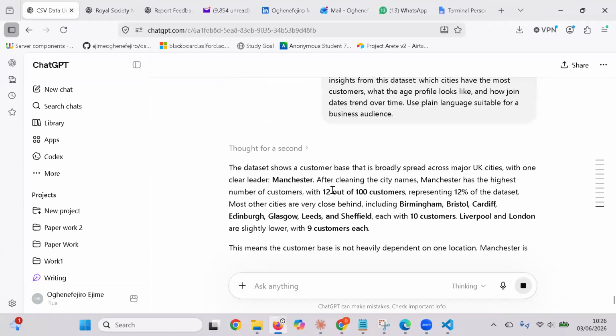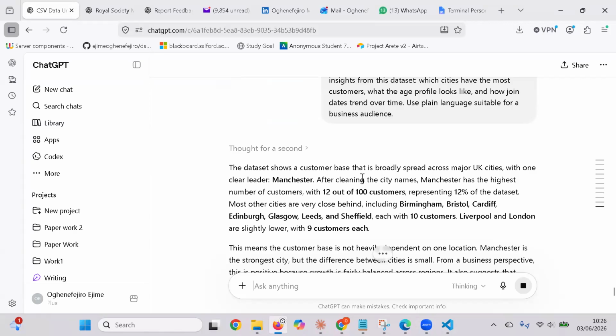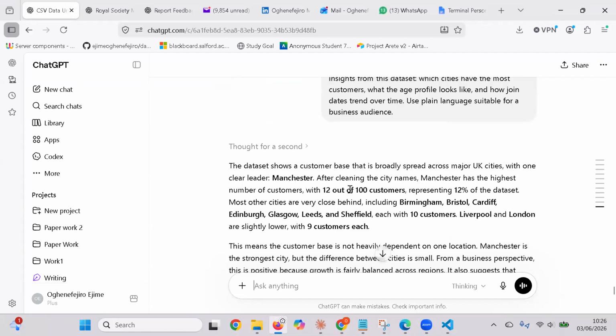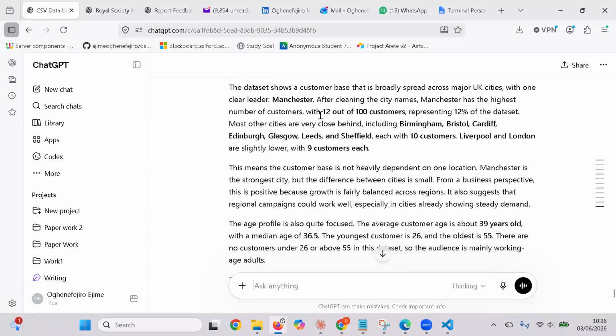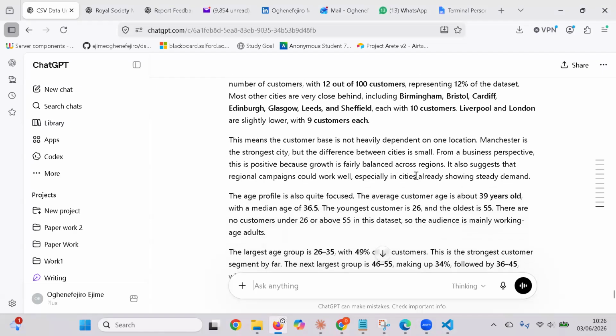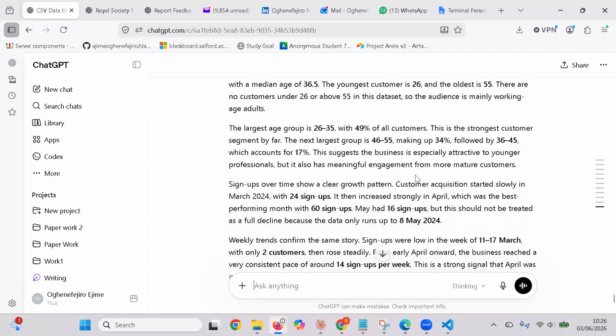So look at it. The data set shows a customer base that is broadly spread across major UK cities with one clear lead, Manchester, with 12 customers out of 100, taking 12% of the market, explaining each of these values bit by bit.